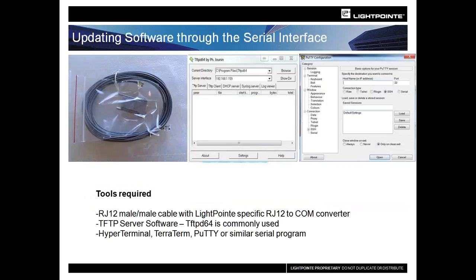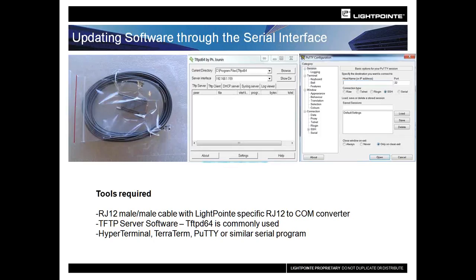Now the other way to do this is through our serial interface. Every system gets shipped with an RJ12 male-to-male cable along with a LightPoint specific pinout RJ12 to COM converter. Depending on the machine that you're going to be connecting to, it may or may not have a COM port on it.